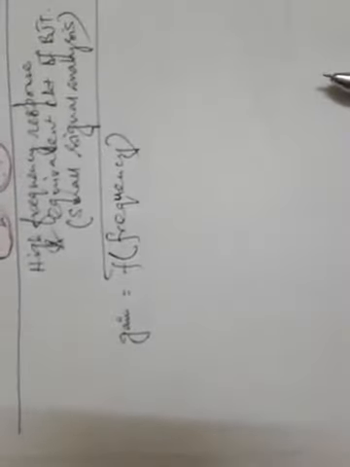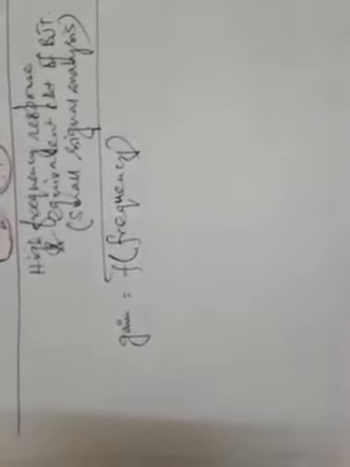So now let us see the general frequency response of an AC amplifier. Now what is an AC amplifier? An AC amplifier is a transistor amplifier which can amplify AC signals.